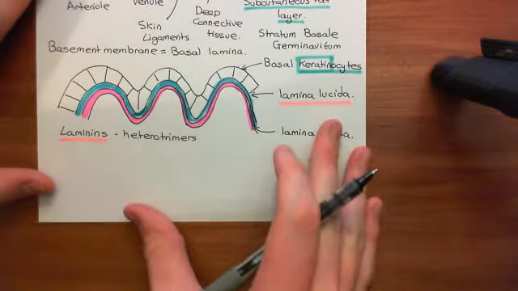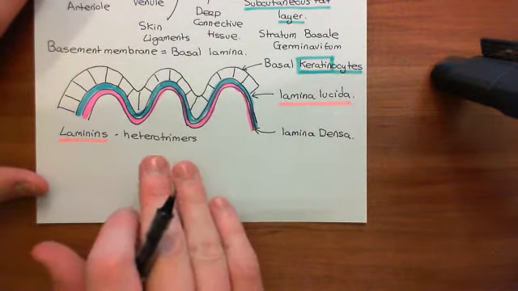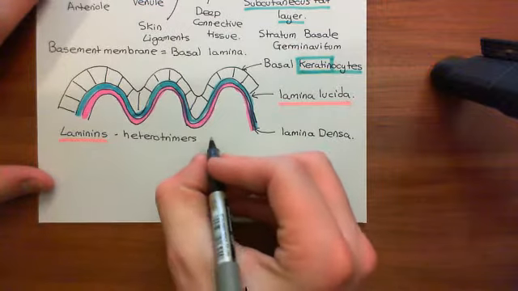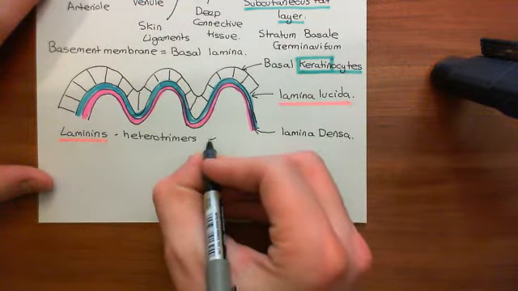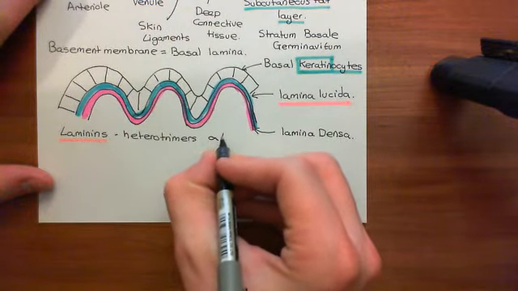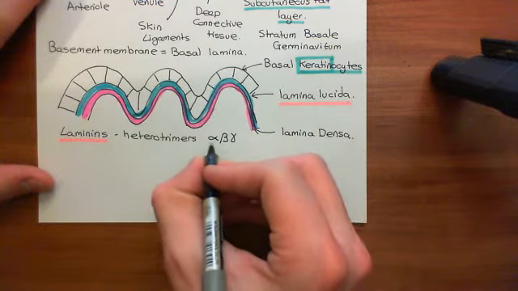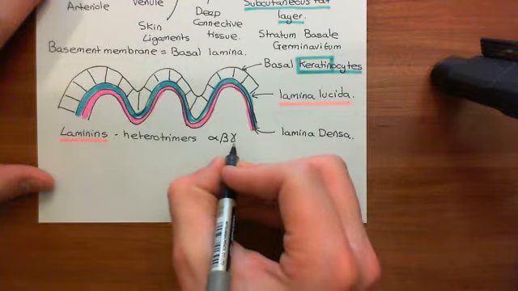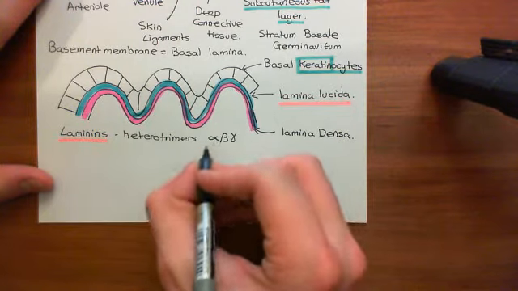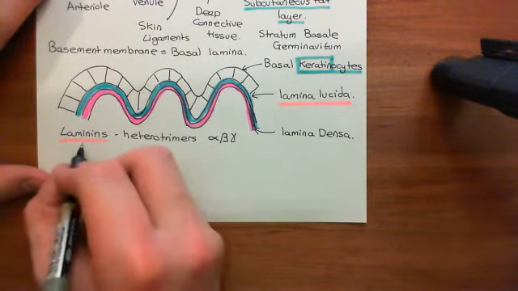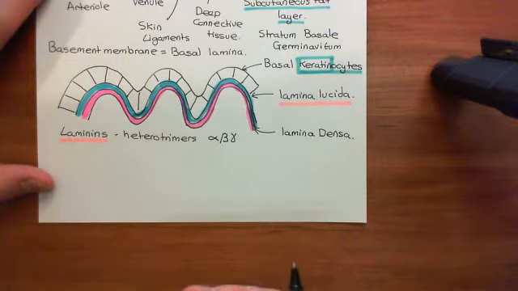They are made up of 3 separate subunits joined together. These subunits are known as the alpha subunit, the beta subunit, and the gamma subunit, or the alpha laminin, the beta laminin, and the gamma laminin. Together they make a heterotrimeric laminin, or a laminin heterotrimer.